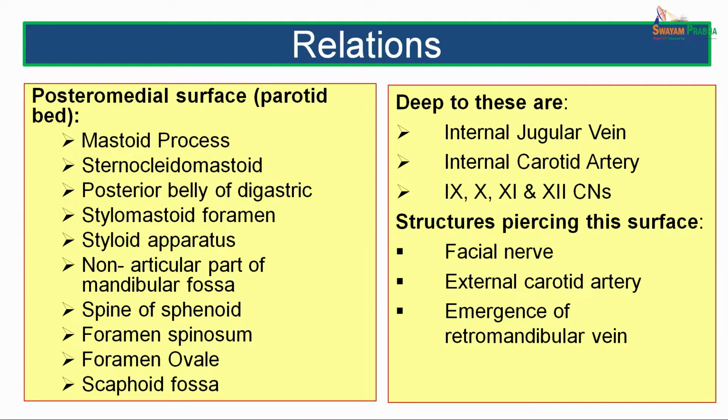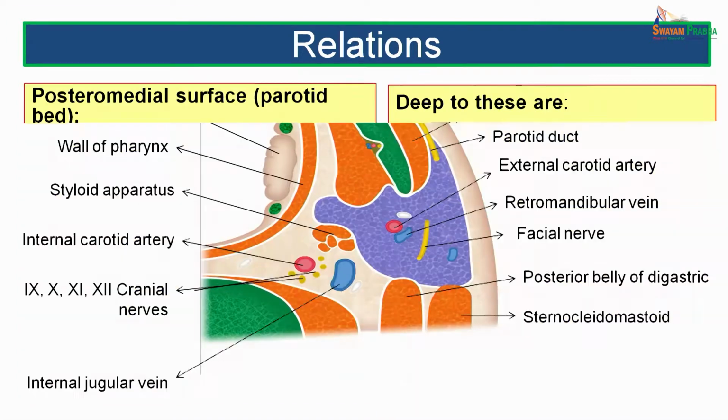Structures piercing the posteromedial surface: the facial nerve pierces the posteromedial surface in its upper part, while the external carotid artery pierces it in its lower part. This surface at its lowermost end also shows emergence of the retromandibular vein.